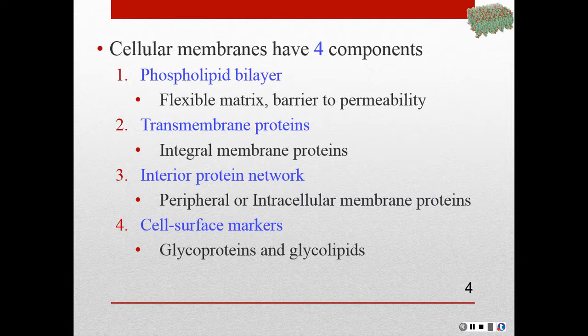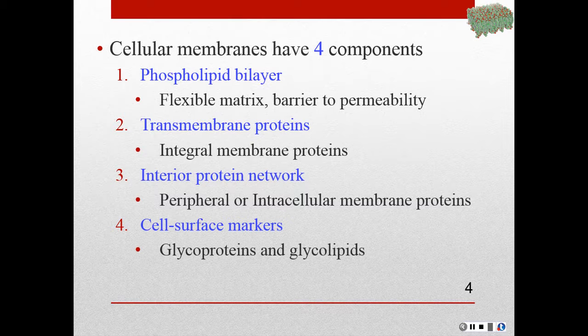Now, many transmembrane proteins are glycoproteins with a carbohydrate chain that projects externally. Some are anchored to the membrane by a covalently attached lipid or covalently bonded to the carbohydrate chain of a glycoprotein.